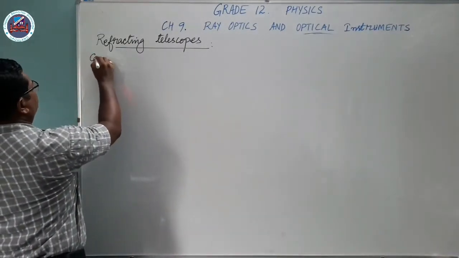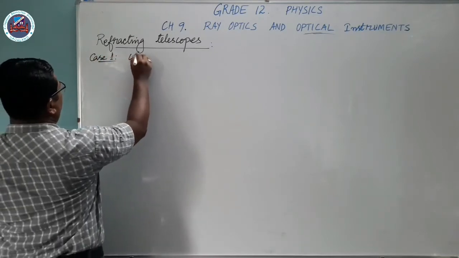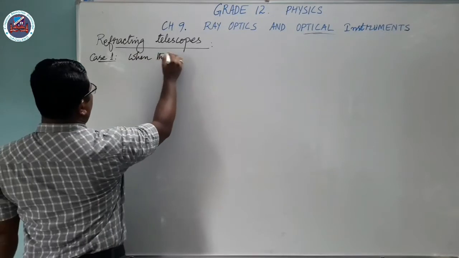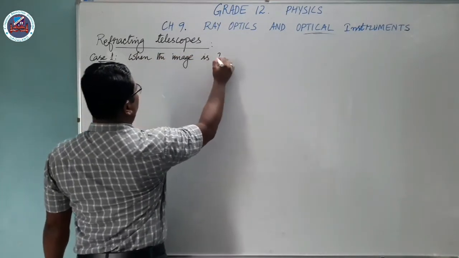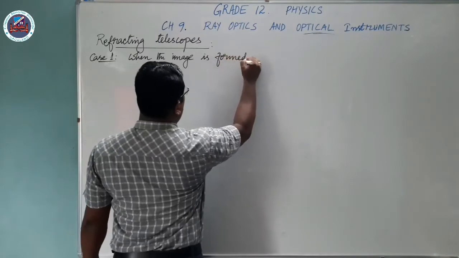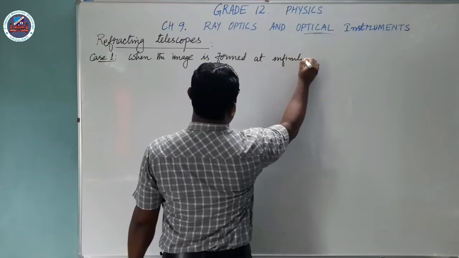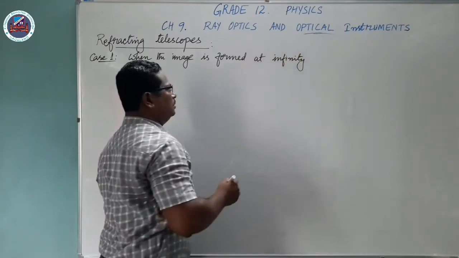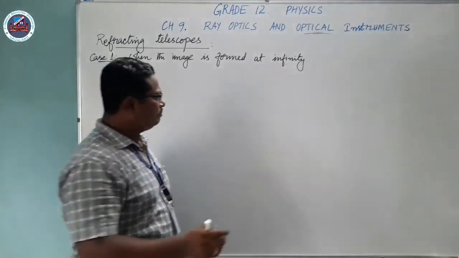Case 1, when the image is formed at infinity. Generally, when we use a telescope, we get the image at infinity.